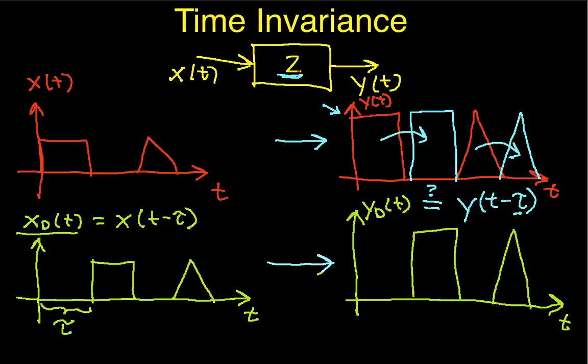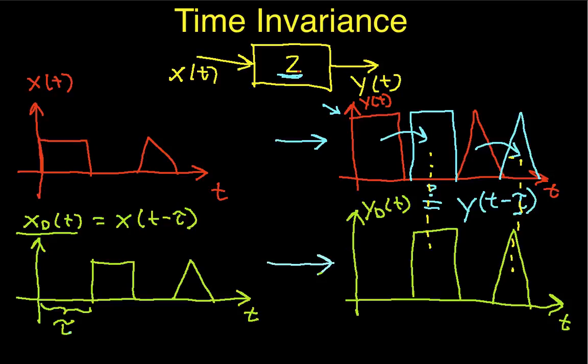And now, if you're willing to ignore the drawing effects, these guys line up. And indeed, it turns out that this system is time invariant, which is exactly what you would expect, because this system is a constant gain. The gain of this system never changes. So that's an example of a time invariant system.